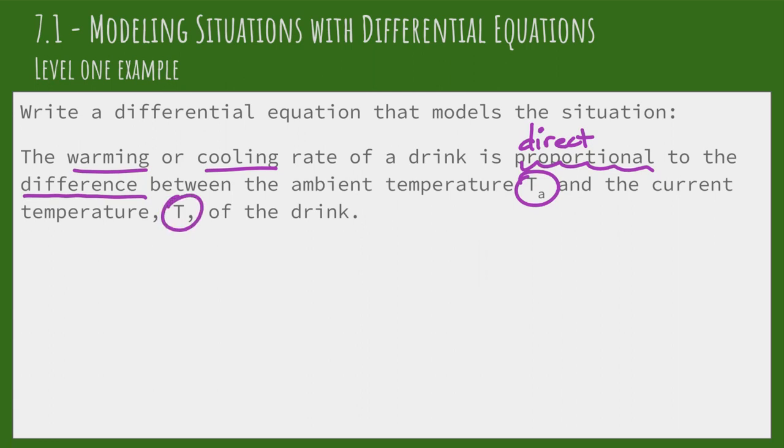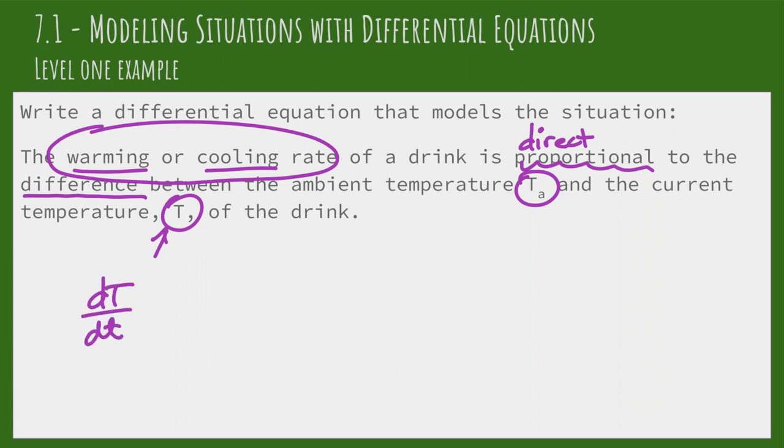Okay, so let's start with the warming or cooling rate. Since it's a rate, we're going to use a derivative, and that's describing how fast the temperature of the drink is changing. Well, the temperature of the drink is T, so how fast T is changing is going to be dT/dt. So big T represents temperature, little t represents time.